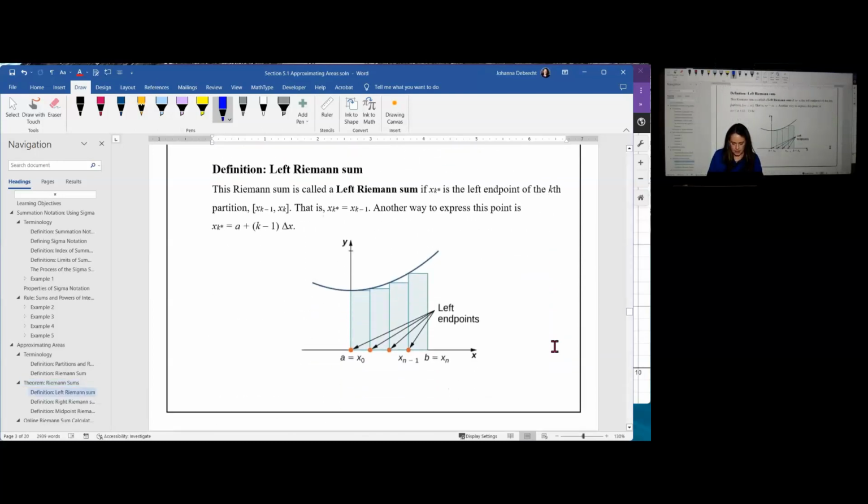A left Riemann sum always uses the left endpoint. This formula here, x sub k star equal to a plus k minus 1 times delta x, will generate only the left endpoints. It will not give you the last one at b because it is not a left endpoint of any subinterval.